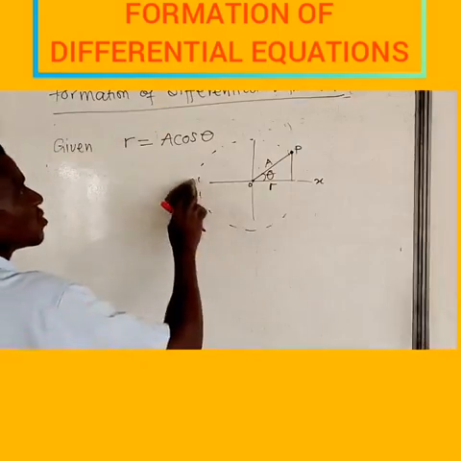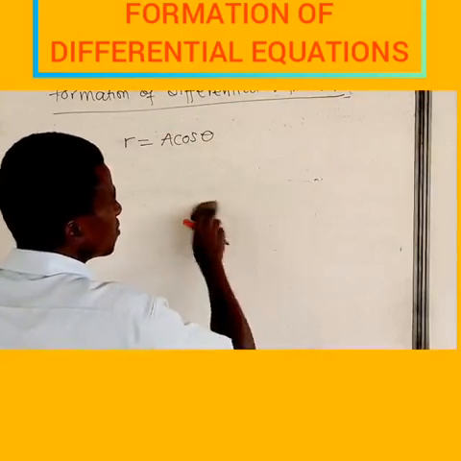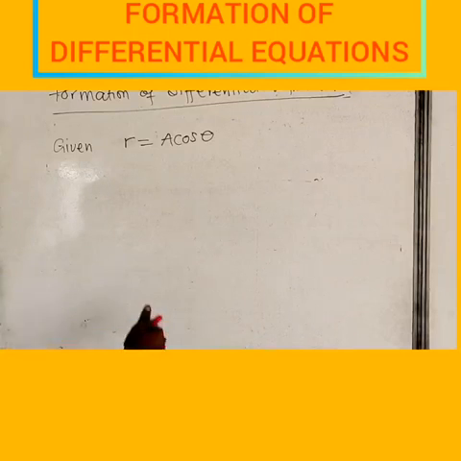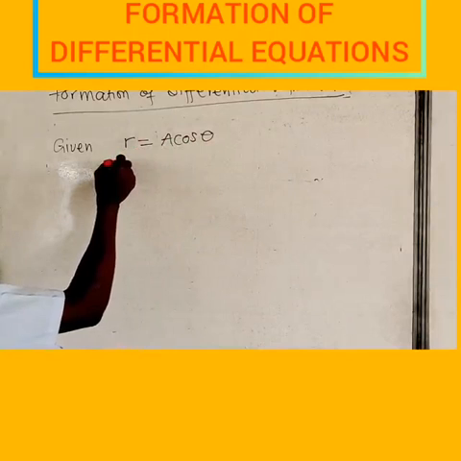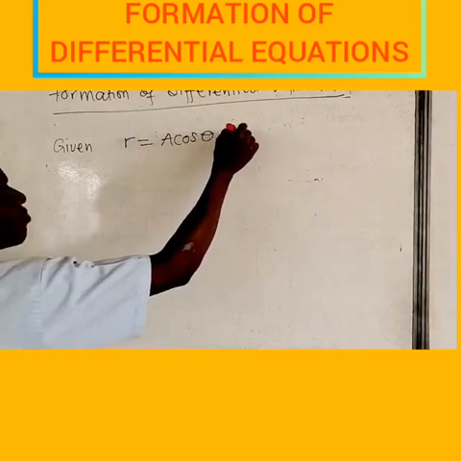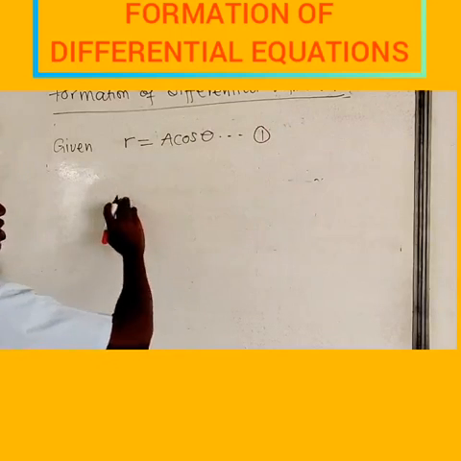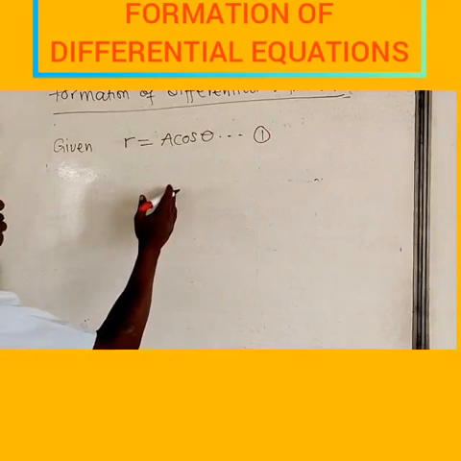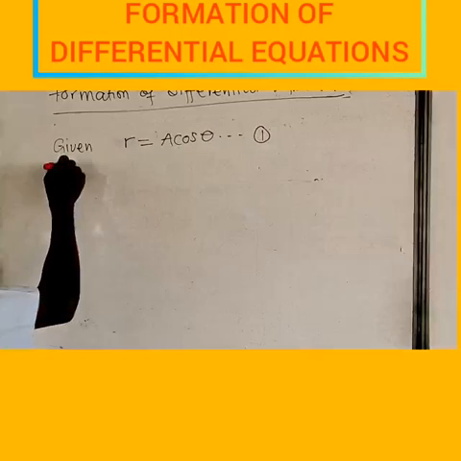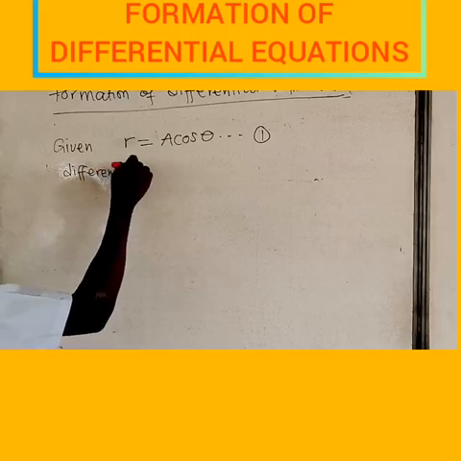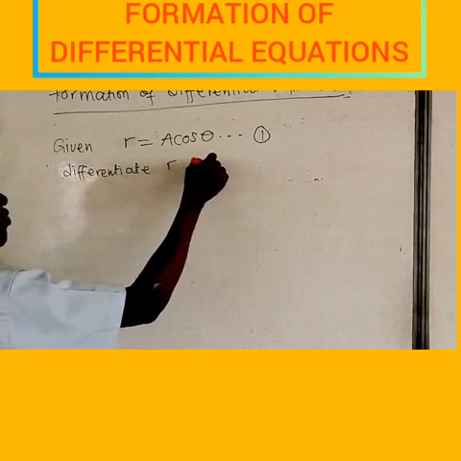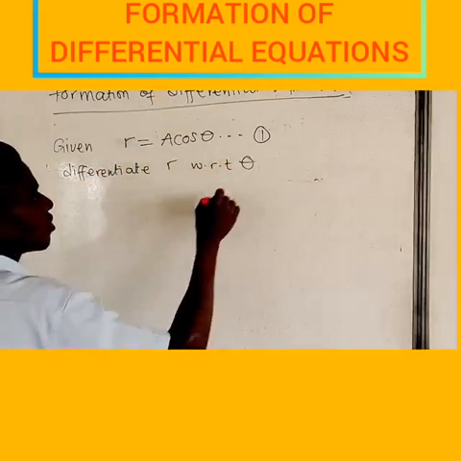Okay. So our main business is to form differential equations. So all we need to do here is differentiate. Once we've identified the number of arbitrary constants, we name this equation 1. There's no other simplification that can be done. Then we differentiate r with respect to theta.